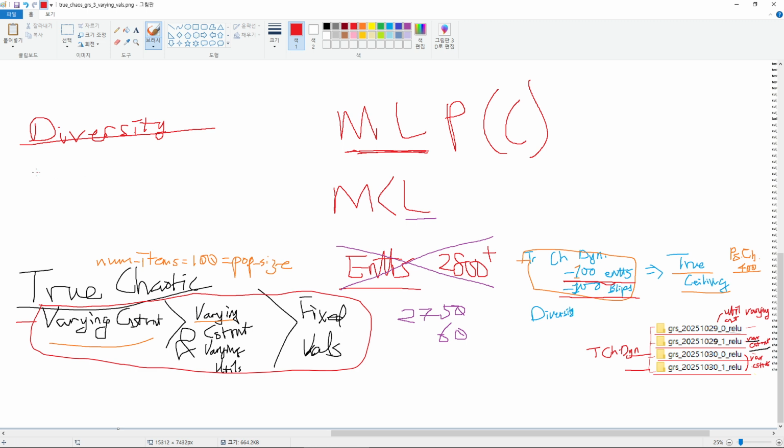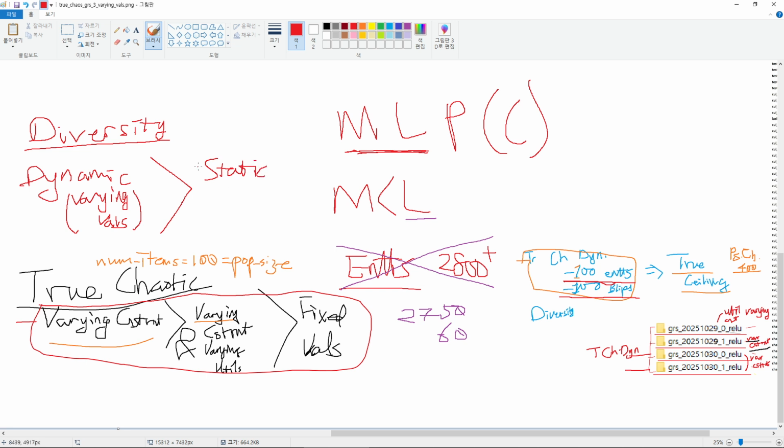When it comes to diversity, dynamic, as in using varying values, is better, is encouraged as opposed to static. Now, this is probably the first time that I use the word static. Static as in non-varying. Well, actually, non-varying means fixed, so fixed values.